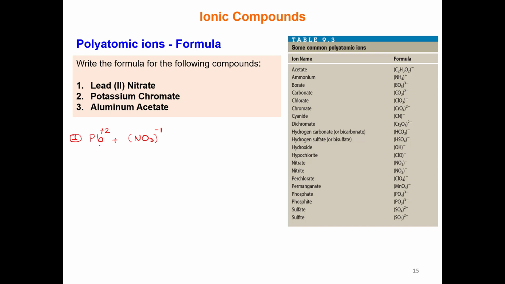In the case of the positive ion, we have +2. In the case of the negative ion, we have -1. We need a neutral compound. Then we need to multiply here by 2 in order to get -1 times 2, which is -2. Now we have a neutral compound, and now we can write the formula.